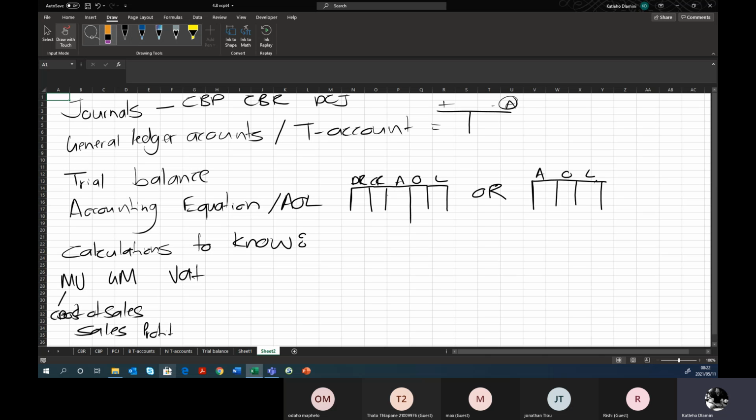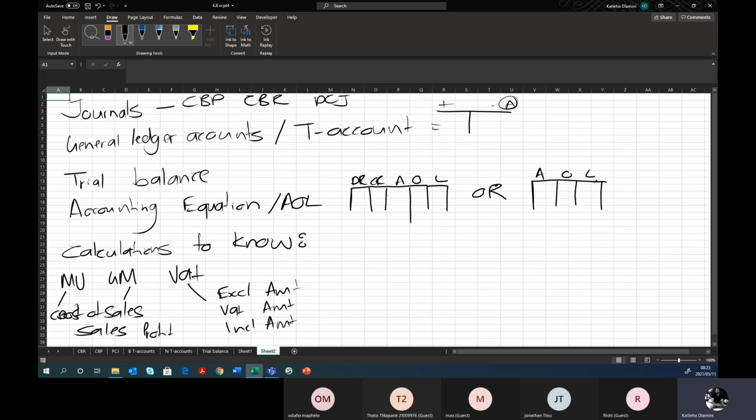Then with your VAT, you need to know how to calculate your exclusive amount, your VAT amount, and your inclusive amount, okay? So this is all markup, these three here, and then this is all VAT, right?